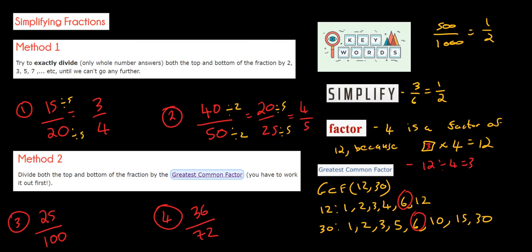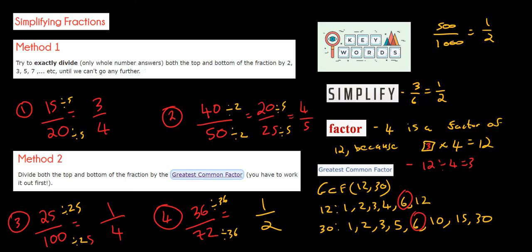So 10 is the greatest common factor of 40 and 50. This time we are dividing straight away by the greatest common factor. For 36 over 72, the greatest common factor is 36, to give 1 over 2.